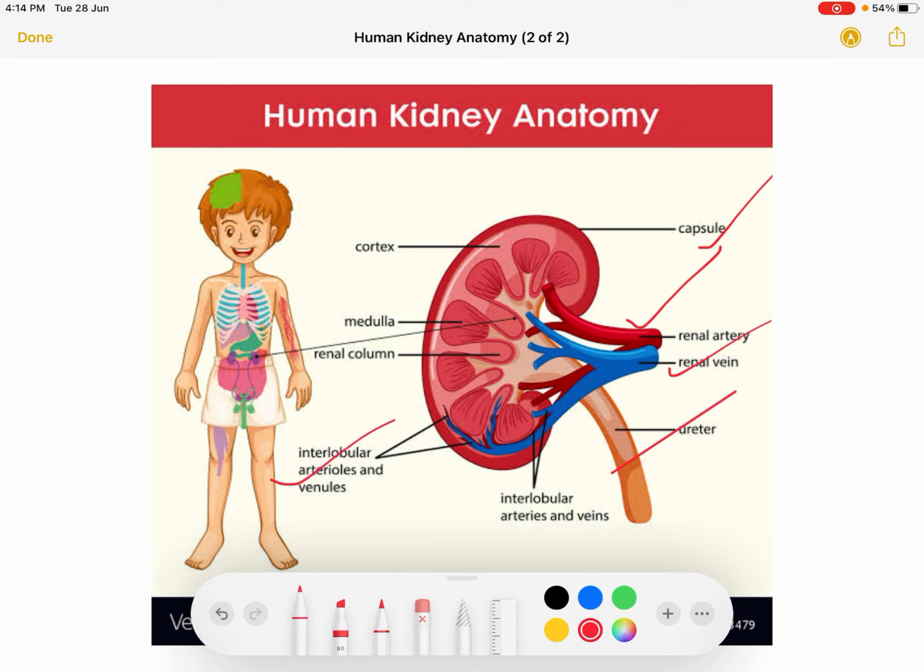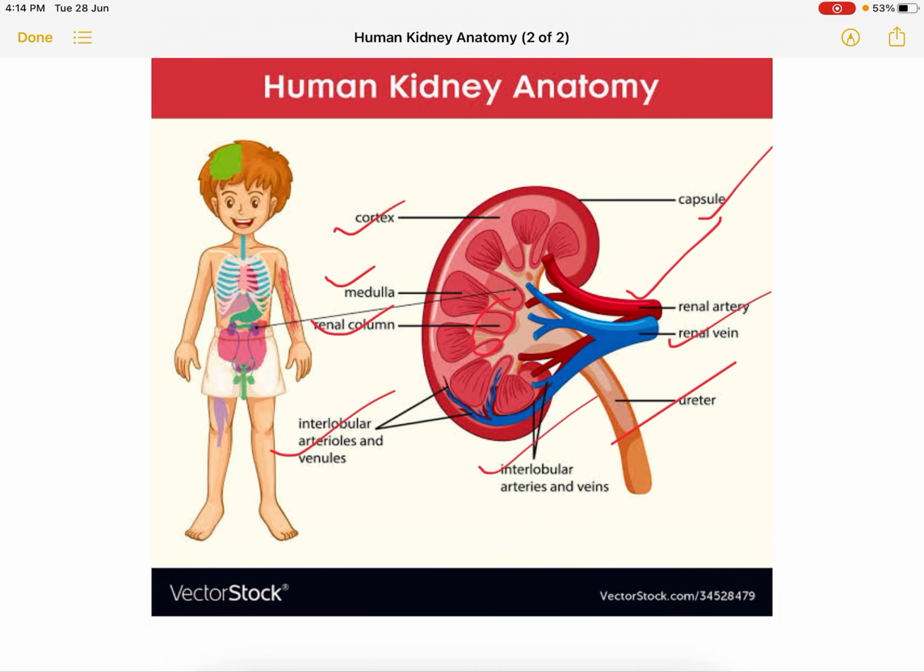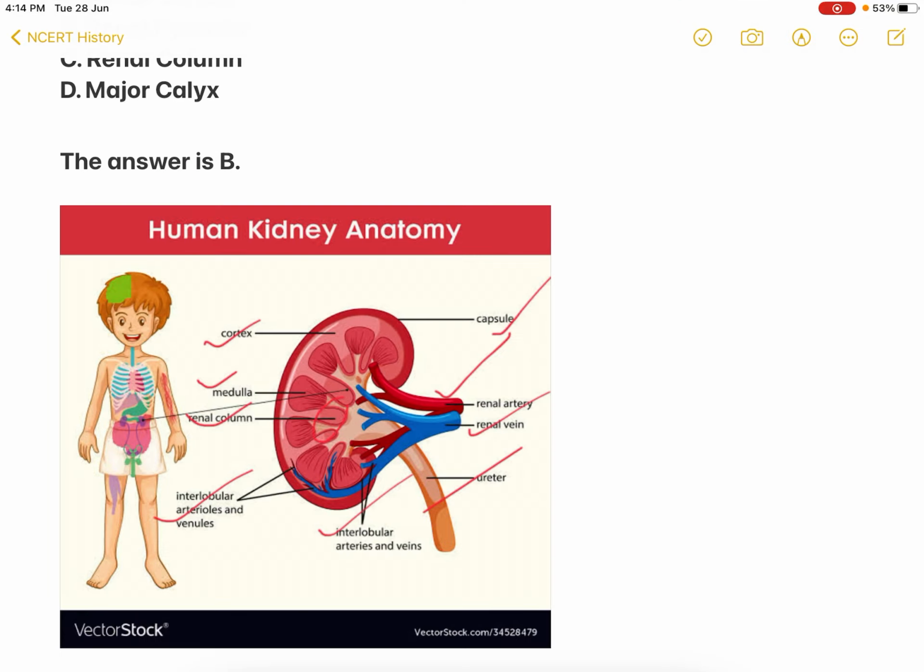Then these are interlobular arterioles and venules, interlobular arteries and veins. Then there is a renal column here. Then renal medulla, cortex. You just need to know the basic anatomy of the kidney, then only will you be able to solve these questions. Next question.